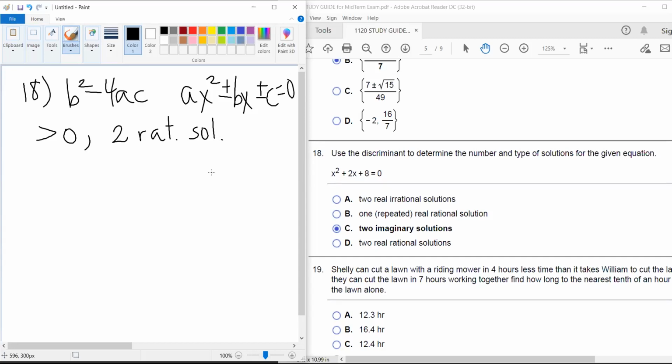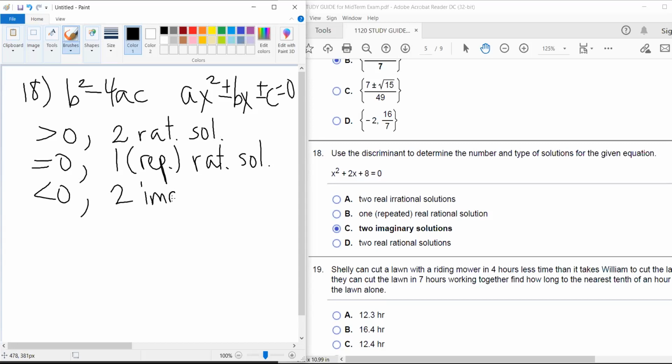If your discriminant is actually 0, then expect 1 repeated rational solution. And finally, if your discriminant is negative, then expect 2 imaginary solutions.